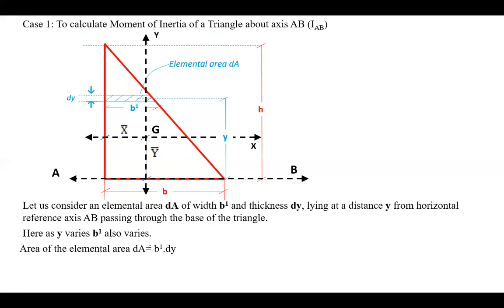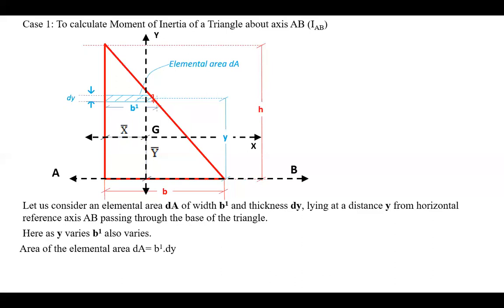So we know the small elemental area dA is equal to b dash into dy. You may ask whether it is purely a rectangle. It's not; you can see there is some inclination. The elemental area is actually a trapezoid, but since the thickness dy is very small, the inclined side can be considered a vertical surface.